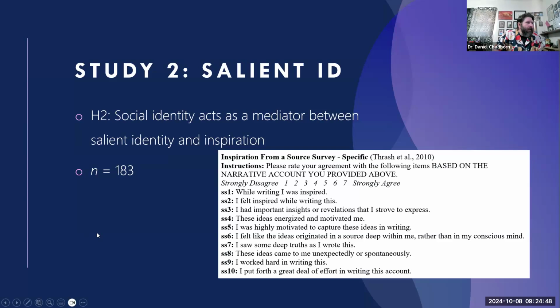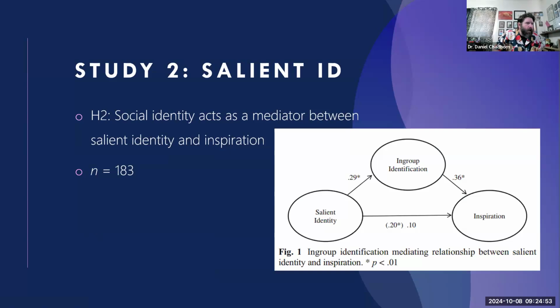In this case, we used a very similar inspiration from a source survey. This is the model, but the short result is that our hypothesis was confirmed: social identity acts as a mediator. Salient identity impacts inspiration, and we do see a relationship there, but when we plug group identification into the model, it becomes a powerful mediating factor.